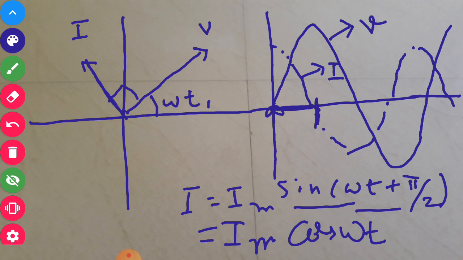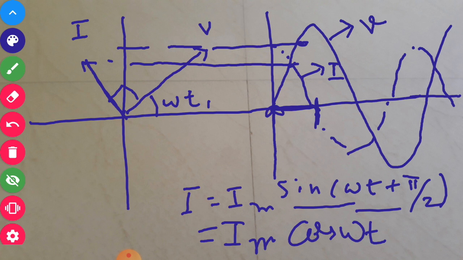Voltage at any time omega t1 is the instantaneous voltage, and the instantaneous current at any time is also obtained from this graph. This way you can show.